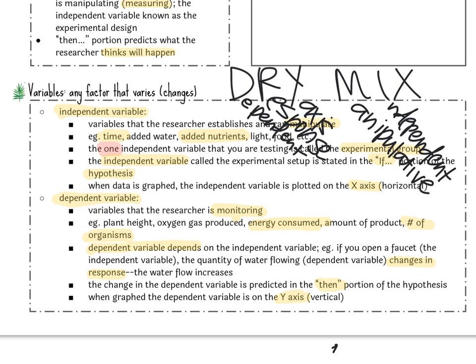Remember, manipulate means to change, so the manipulative is the one that is changing. And it is graphed on the x-axis. So I promise, make sure you wrote this down because it is very important. It's one of the easiest ways to remember how to graph things, and we'll be graphing things up until the end of the year. So very important that you know how to graph things.